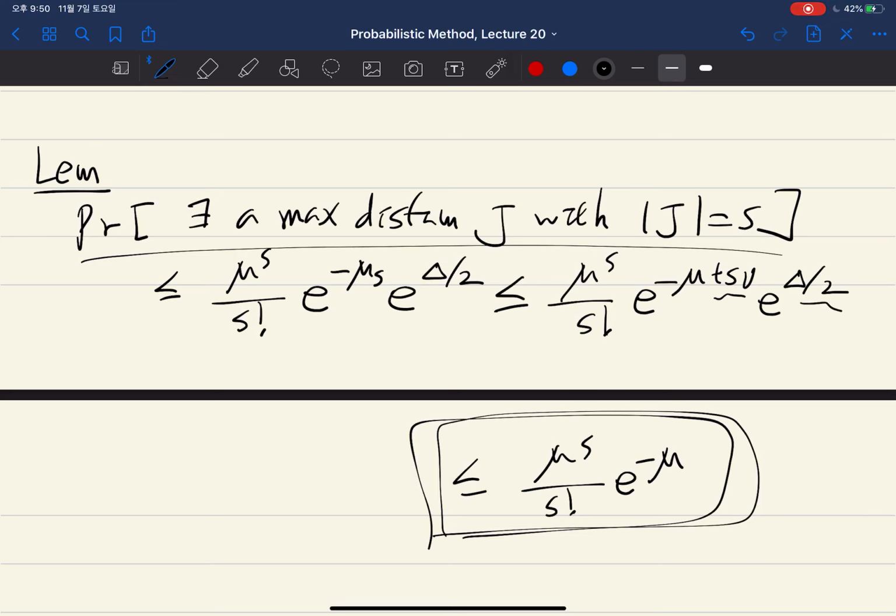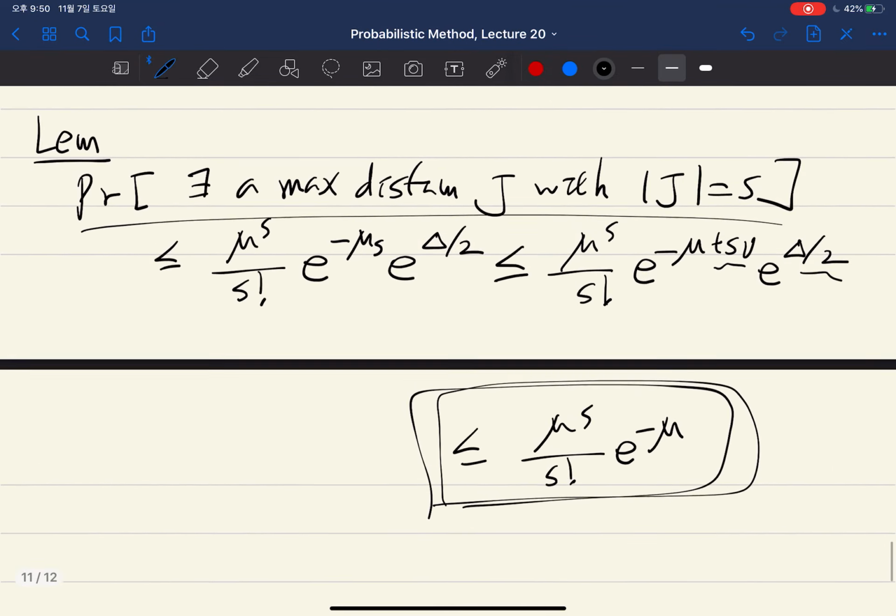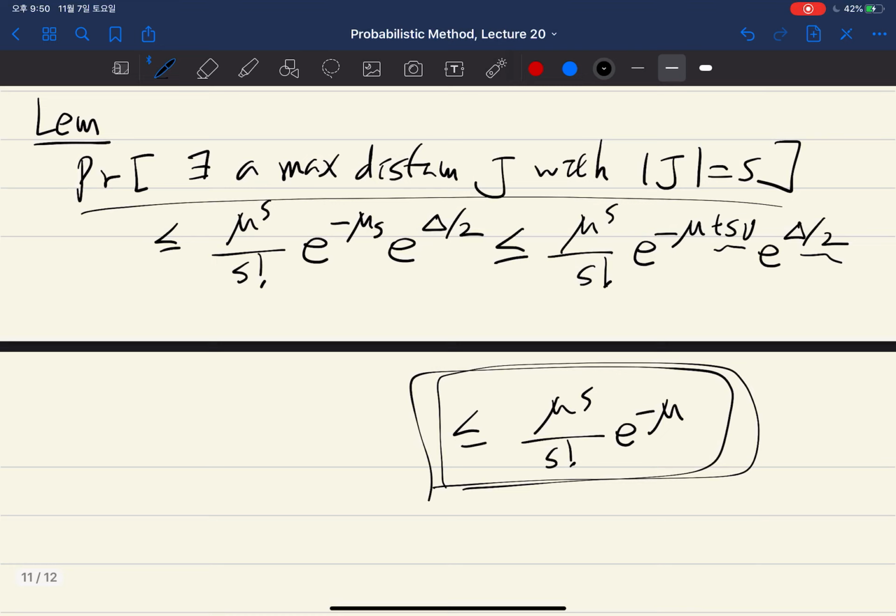That's what we want to prove next time. And then we want to use this to get some results on other problems. We will see some applications of this lemma about the disjoint family and maximal disjoint family.